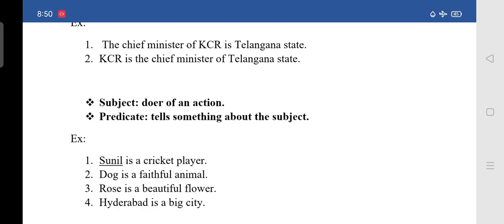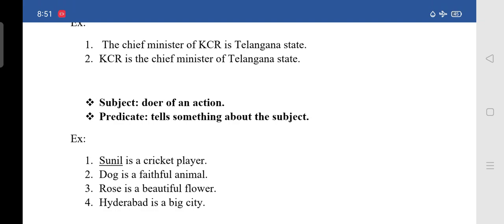Sunil is the subject, and the remaining part, is a cricket player, is telling us about Sunil. What is it telling? That he is a cricket player. So here Sunil is the subject and is a cricket player is the predicate.